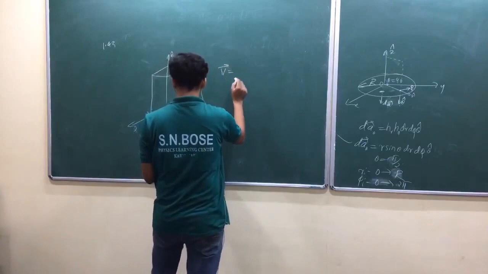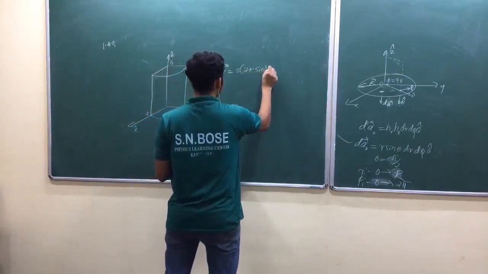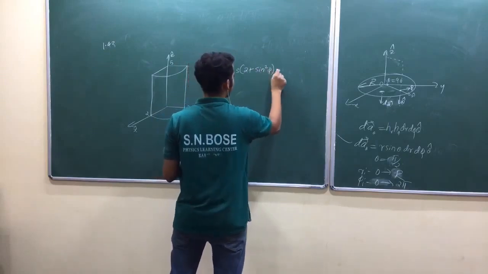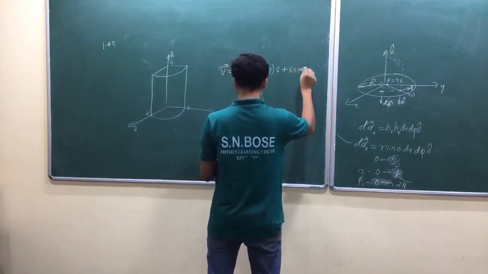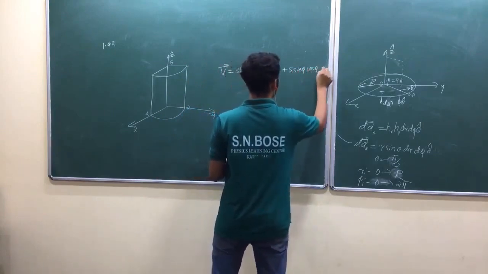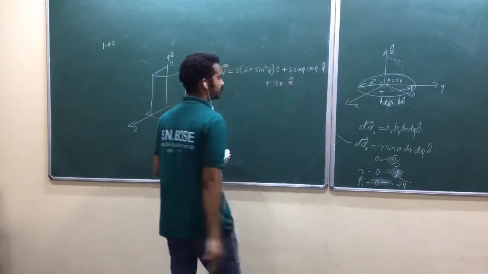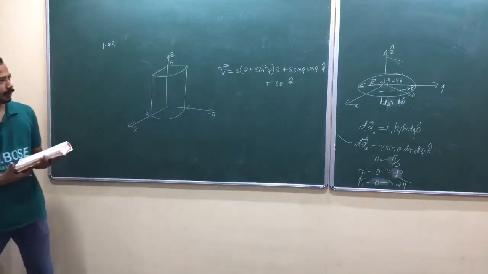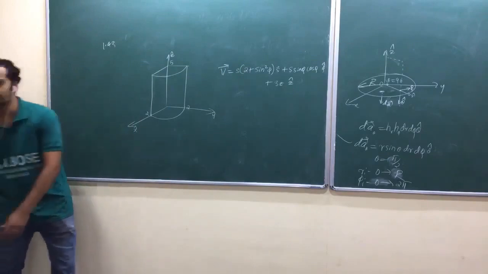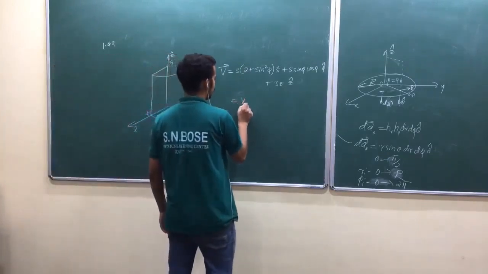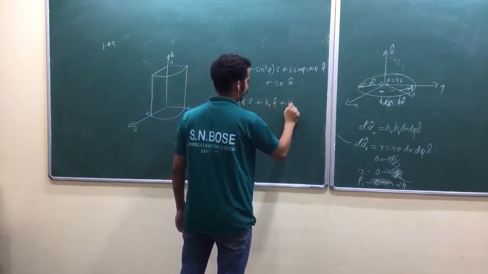Look here, V is equal to s(2 plus sin squared phi) s cap plus s sin phi cos phi phi cap plus 3z z cap. Look here, V_s s cap, V_phi phi cap, V_z z cap. He has given the vector field like that. You can just imagine it as V_s s cap plus V_phi phi cap plus V_z z cap.